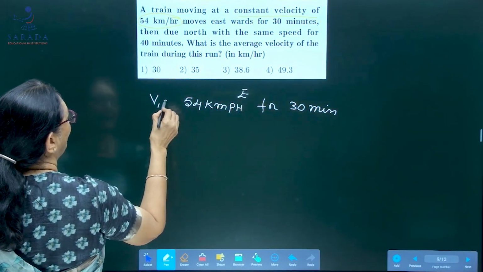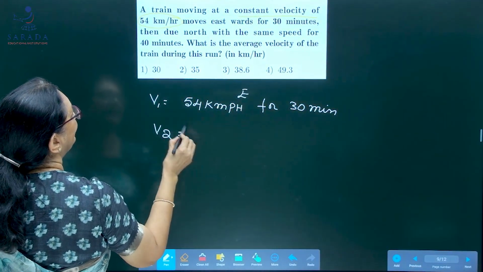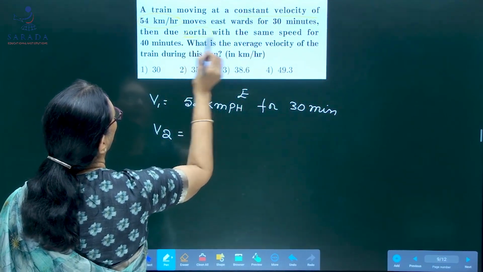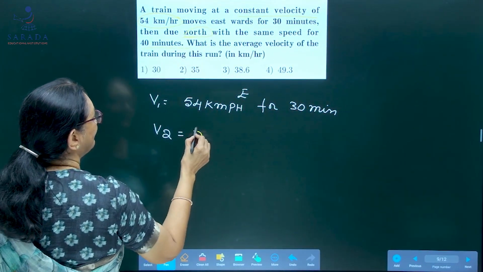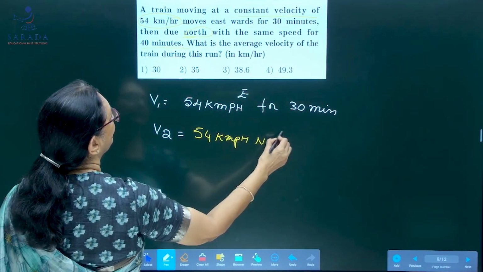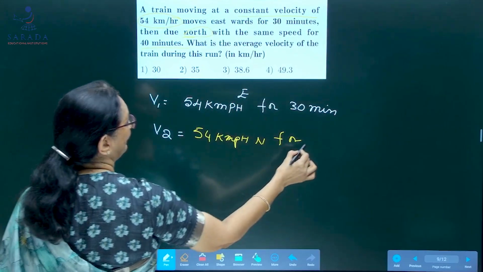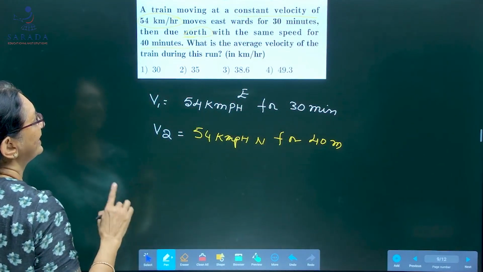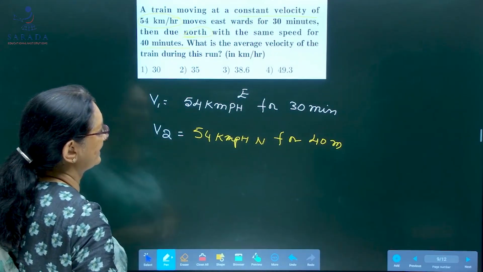This is V1. And then it moves due north with the same speed, that is 54 km/h, for 40 minutes. What is the average velocity during this run?